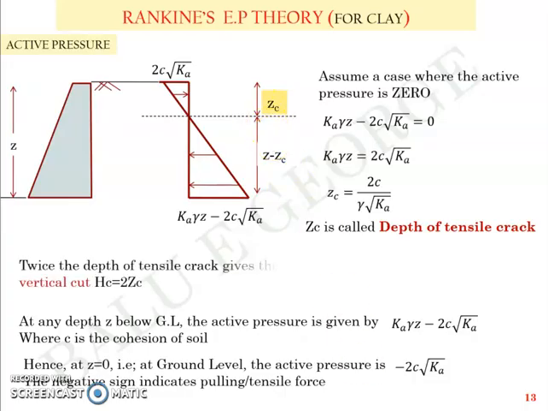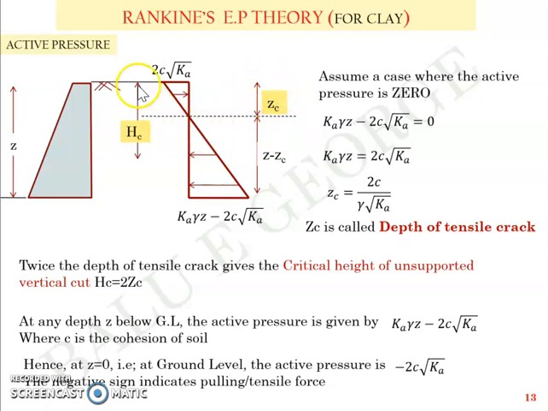Now, when I take twice the depth of tensile crack, which means 2 times Zc, I'll get a height called the critical height of unsupported vertical cut, which means Hc, critical height of unsupported vertical cut, is equal to twice Zc.